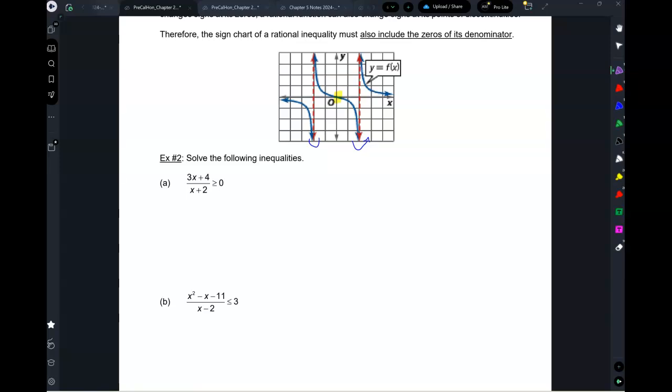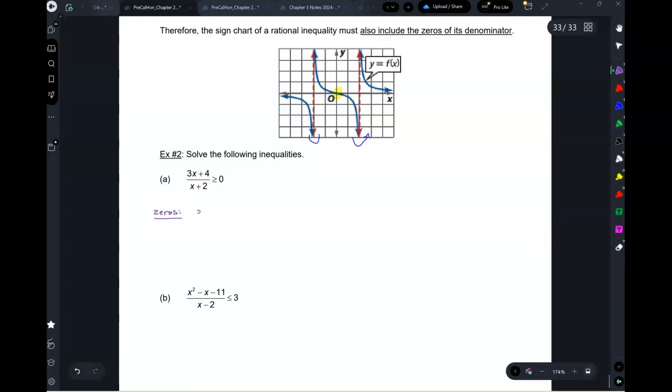Okay. So here we go. We're going to find the zeros. And remember, for a rational function, you find the zero by doing what? Yep. Look at you guys.